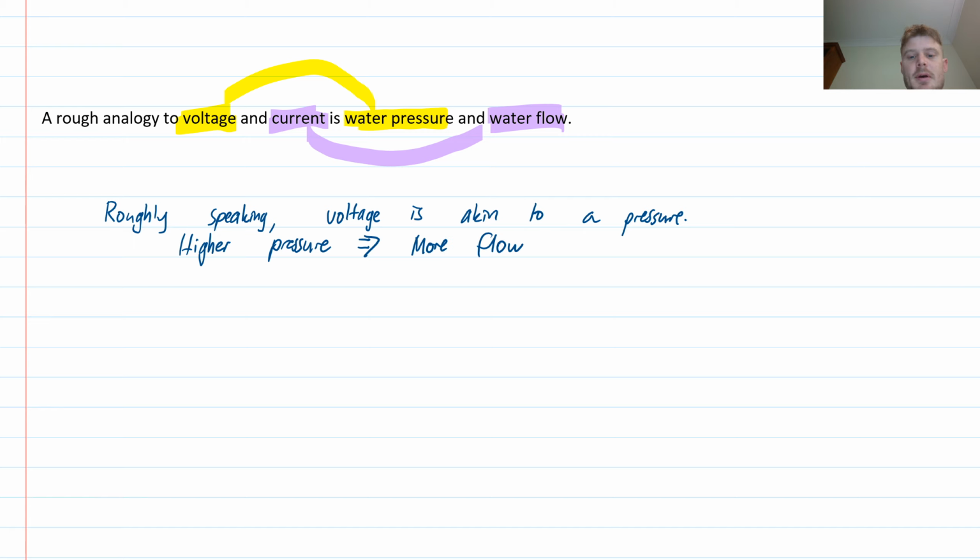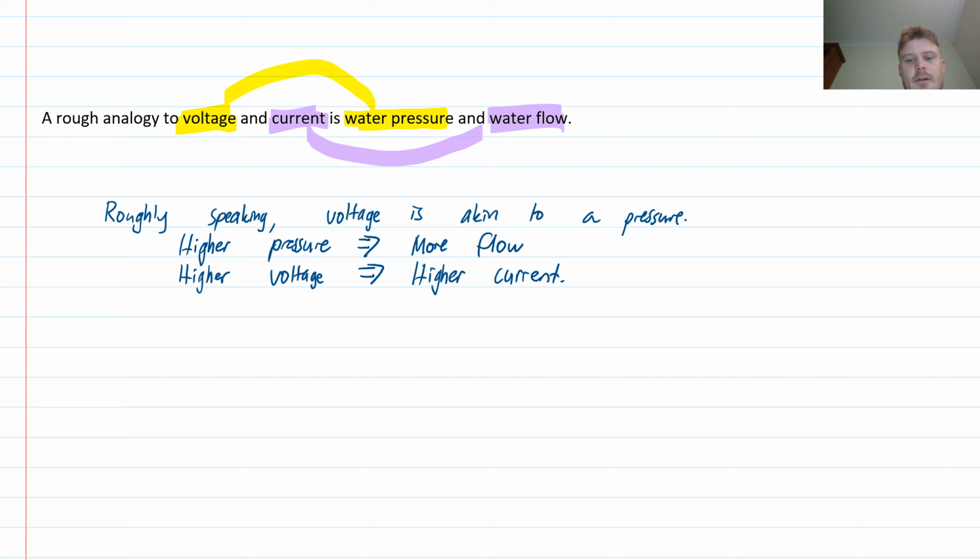If you have a pipe and you put a higher water pressure into that pipe, you will get more flow of water. If you have a wire, or an electric circuit, and you put a higher voltage into the circuit, then you will get a higher current. So higher voltage will imply higher current.